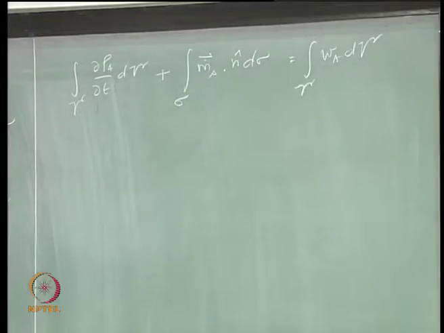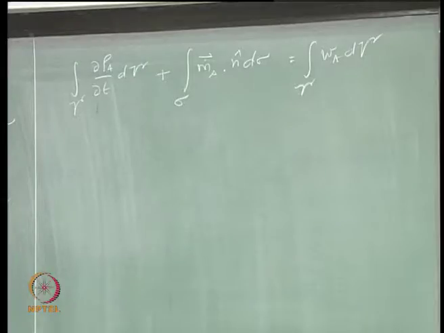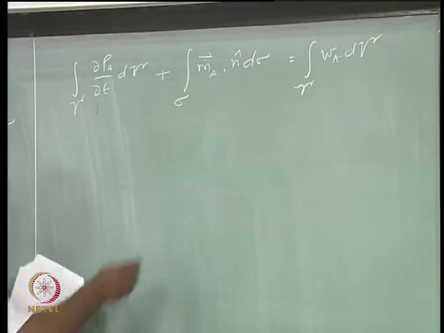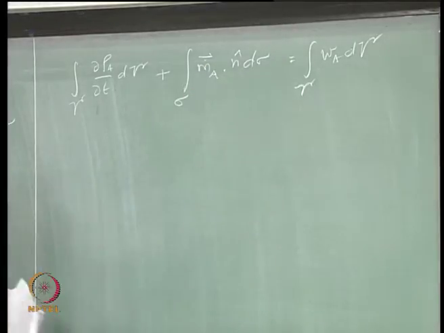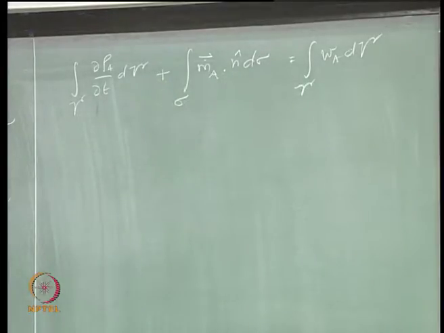The rate of mass entering or leaving the control surface is the second term on the right hand side of the verbal statement, which we now put on the left hand side as the second term here. So this ṁA is the mass flux. Okay, we have looked at this as a mass flux.